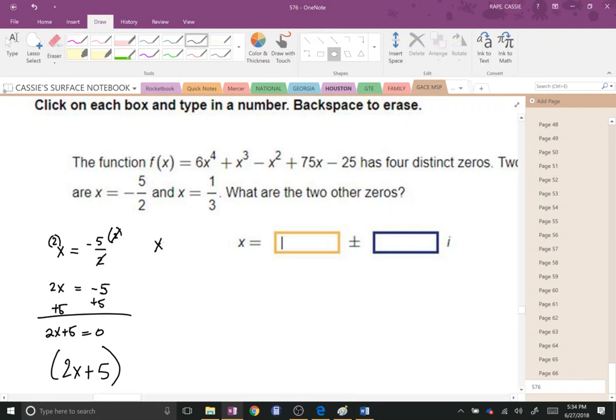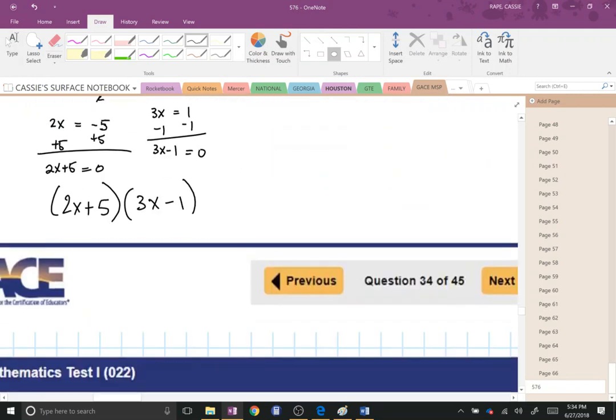So x equals 1/3. You can multiply both sides by 3 to clear that fraction. So you'll have 3x equals 1, and then subtract 1 from both sides. 3x minus 1 equals 0. That's the other factor.